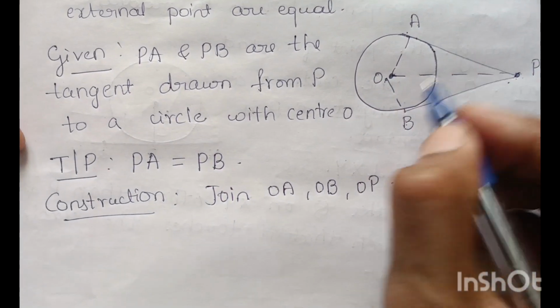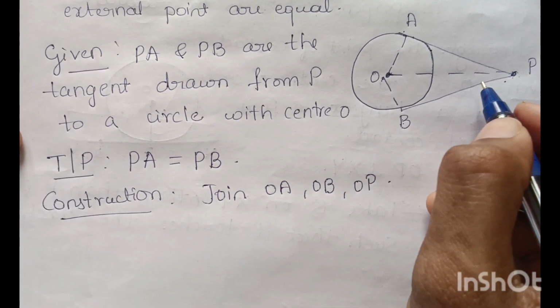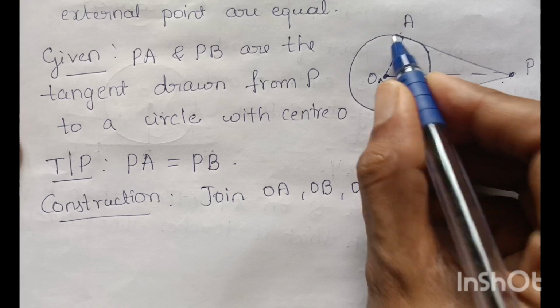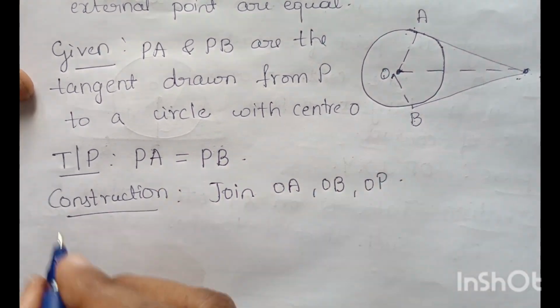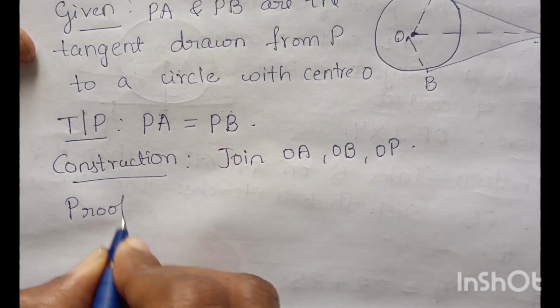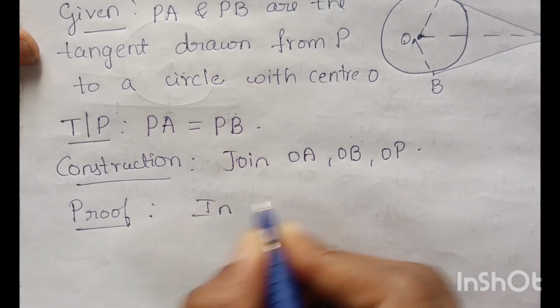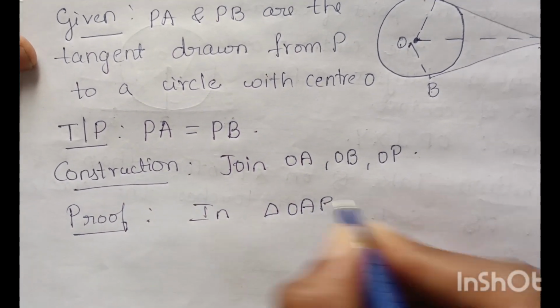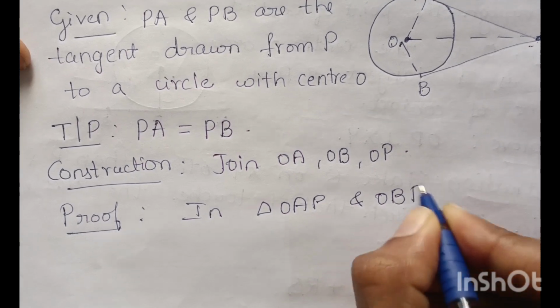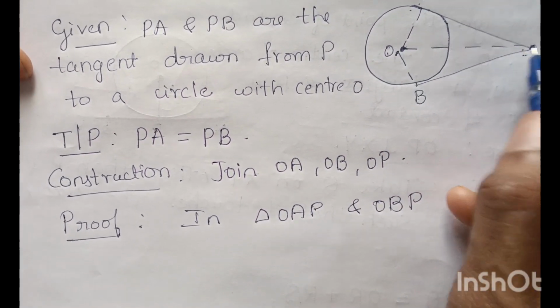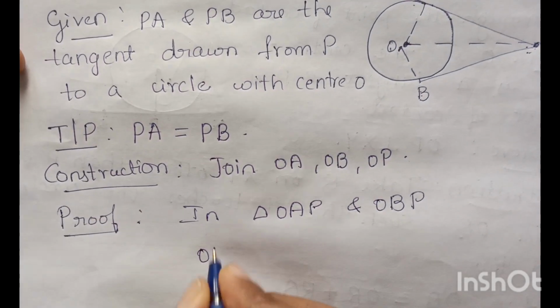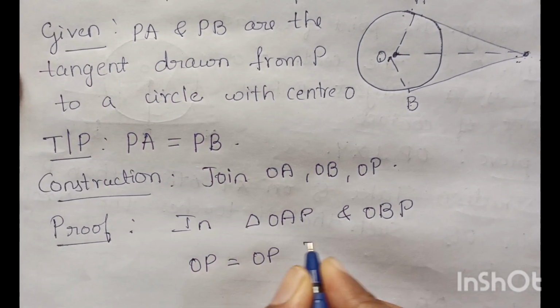After joining all these three, you can see two triangles here. One triangle is OAP, another triangle is OBP. So in the proof, in triangles OAP and OBP, what is common? OP is equal to OP, common, as you can see here.